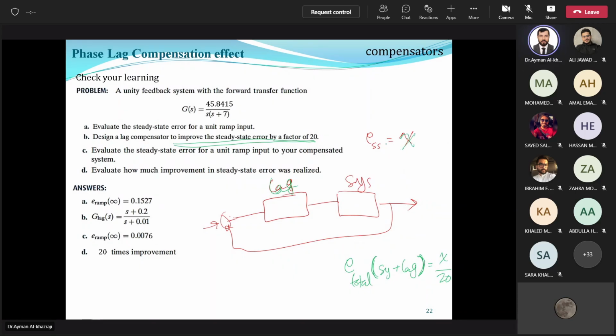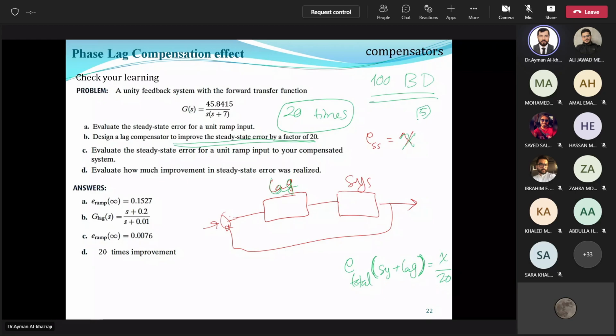Error and money are the same, we want to minimize. You go and purchase something with 100 BD. I will tell you, find a way to improve the cost 20 times. Improving the cost 20 times means that you will divide it by 20. Then you tell me the cost now is 5.